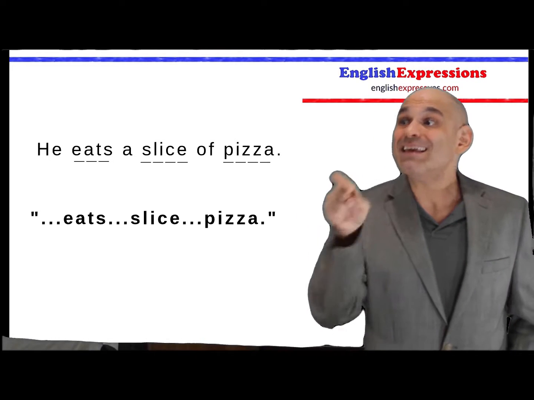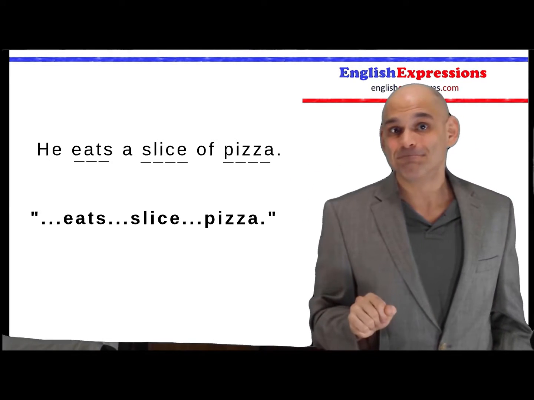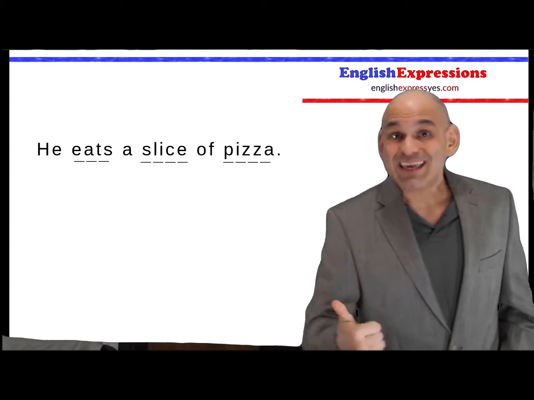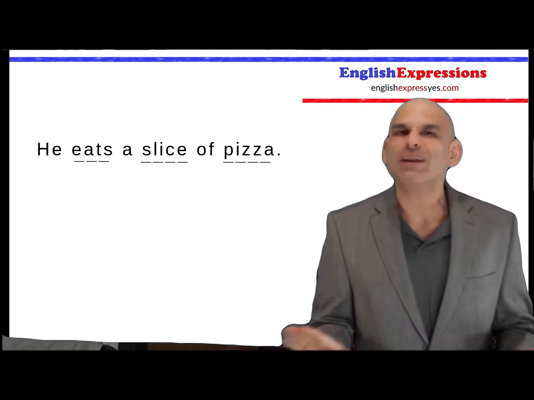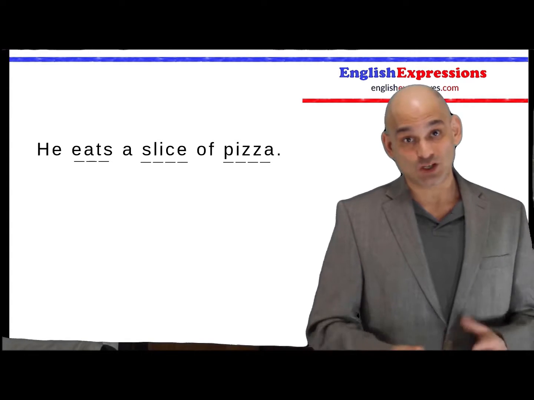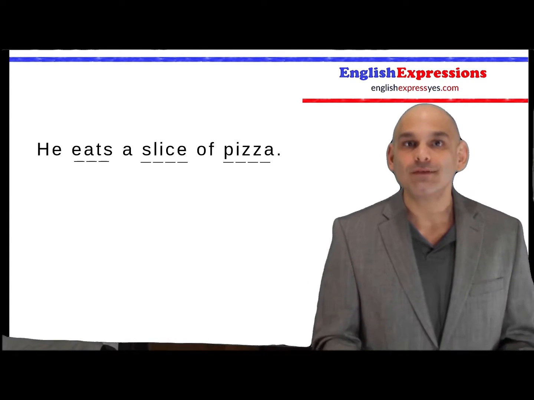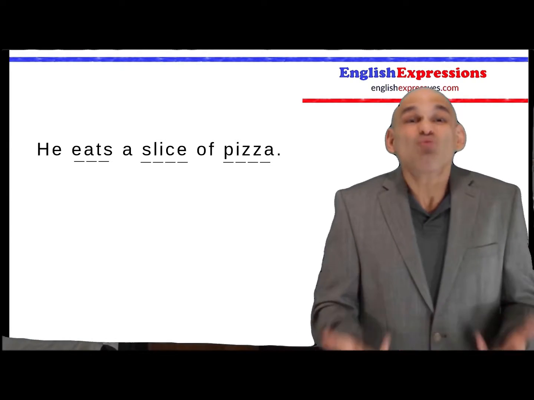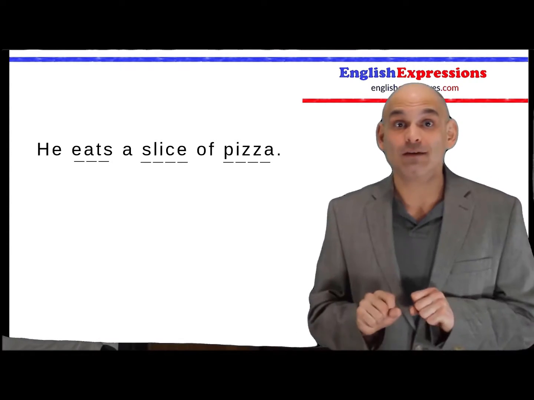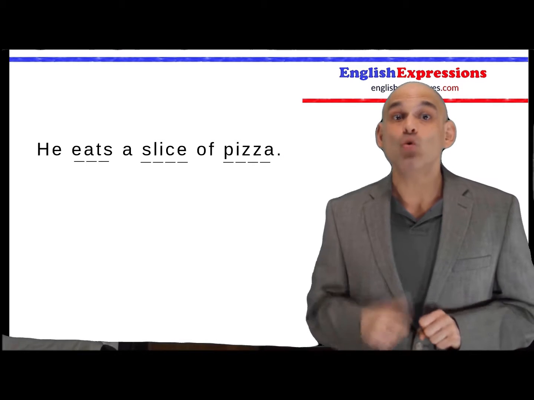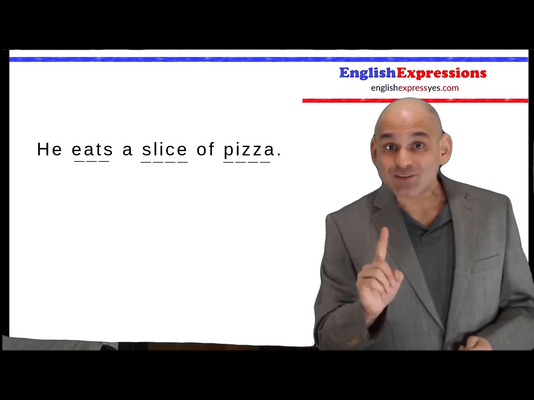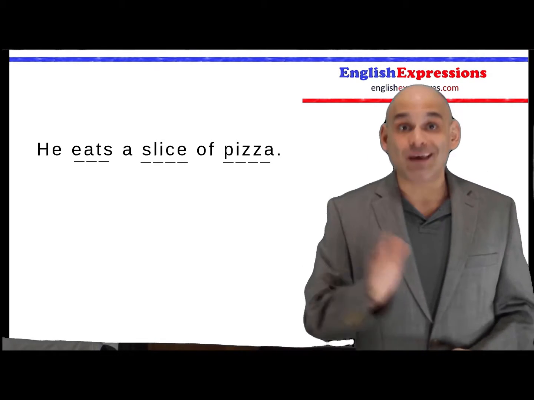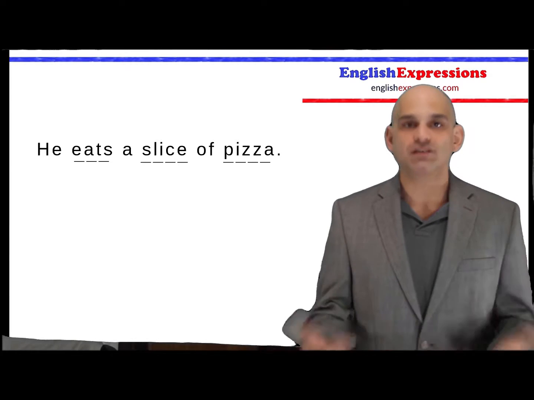I'm saying he eats a slice of pizza. So, he, which is a pronoun, we don't need it. A, which is an article, we don't need it. Of, which is a preposition, we don't need it. So we don't really need to say them fully, properly. Okay? We can say them quickly. But if we change the content words, it will change the whole sentence.